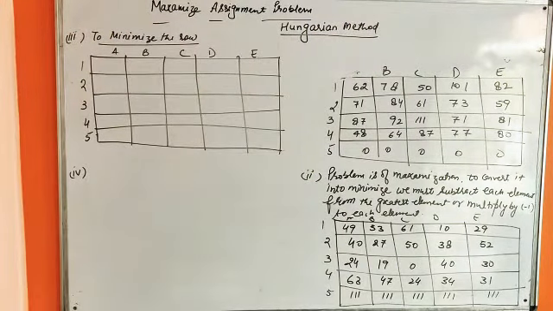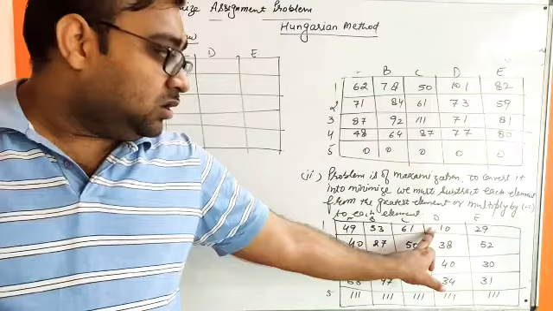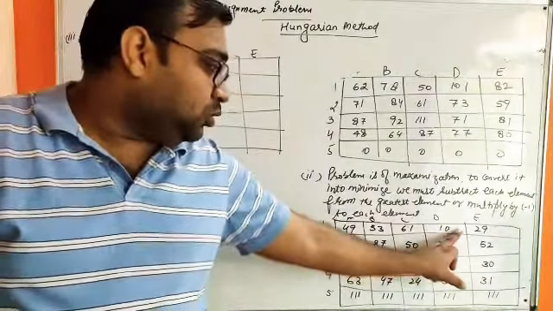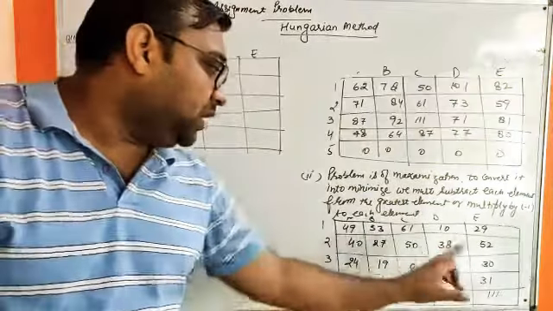How to minimize 0? We have to select the smallest element from each row and subtract from all the elements of the corresponding row. Since in the very first row the minimum element is 10, so we have to subtract this 10 from the entire row.